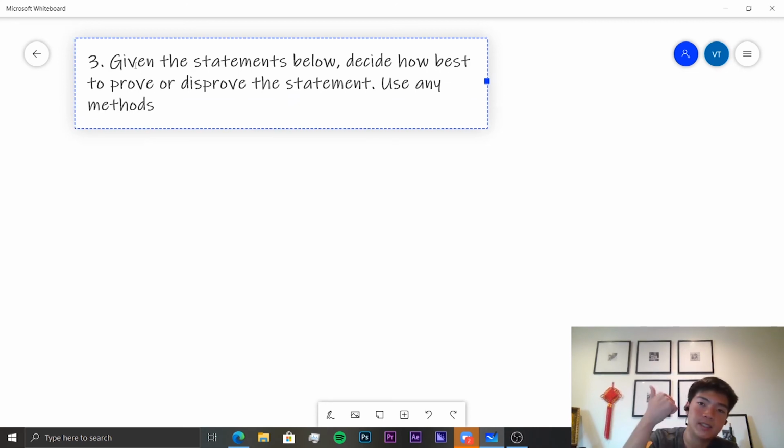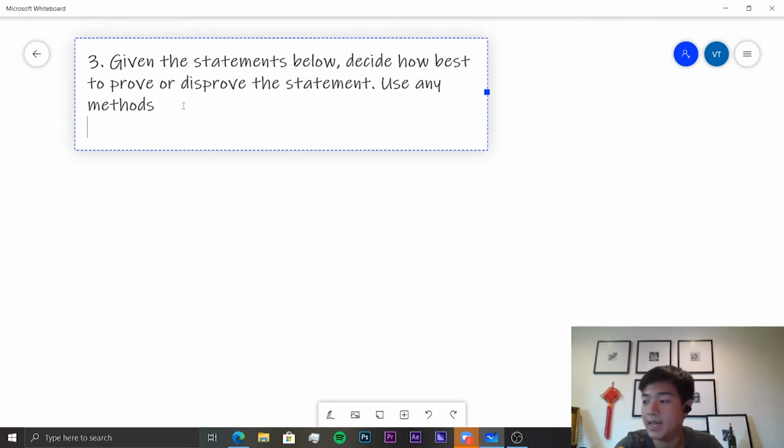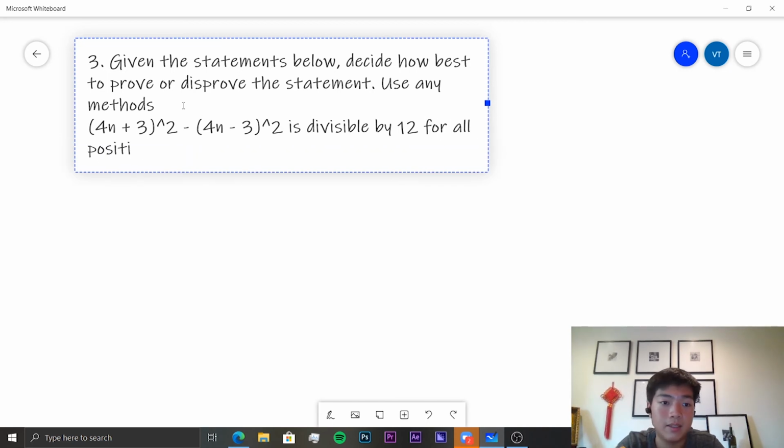So we can use direct proof, proof by contradiction, and proof by mathematical induction. So the first one we want to prove is that 4n plus 3 squared minus 4n minus 3 squared is divisible by 12 for all positive integers n.